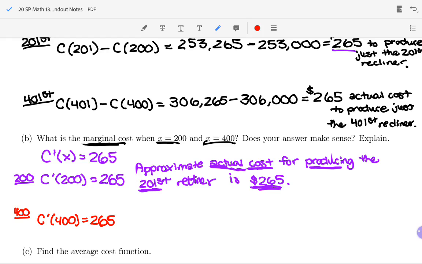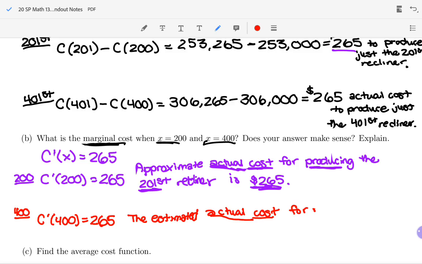And I'm going to write the same sentence a different way, just so whatever option you like better, you can use. So 265, I would say the estimated actual cost, again cost because it's C prime that I plugged into, so marginal cost is going to estimate actual cost. I want to make sure I have that piece in here.